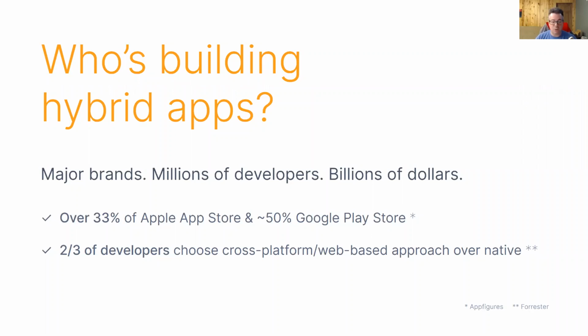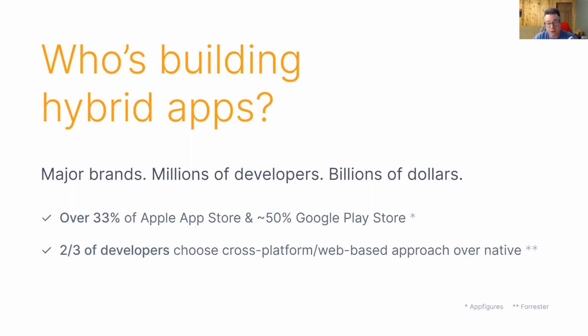That is really wild numbers in just a few short years. In fact, from some other research that Forrester has done, they've determined that over two-thirds of devs are now choosing a cross-platform, web-based approach over native.